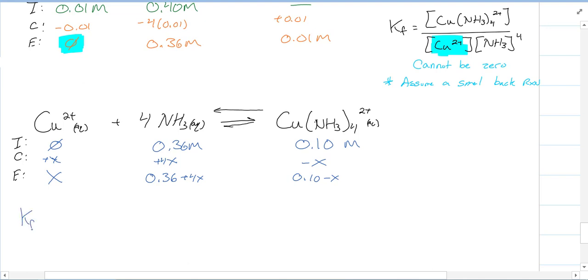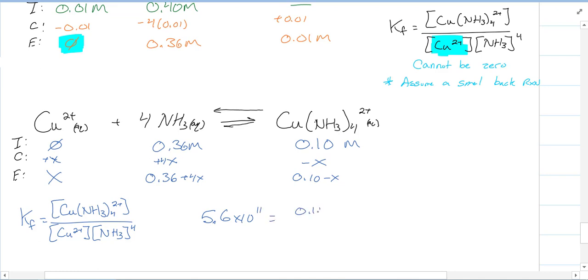Because again, Kf is equal to my copper 2 complex ion all over Cu2+ and NH3 to the 4th. 5.6 times 10 to the 11th equals 0.01 minus X over X times 0.36 plus 4X to the 4th power.